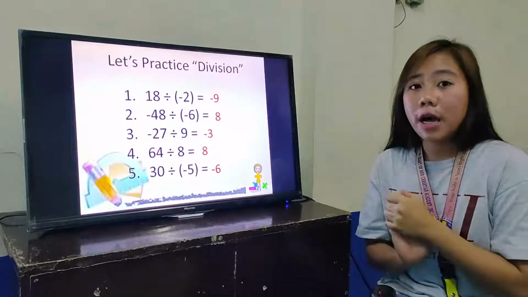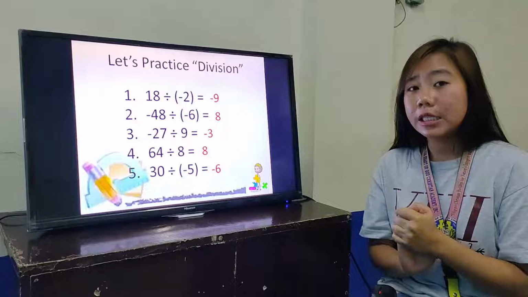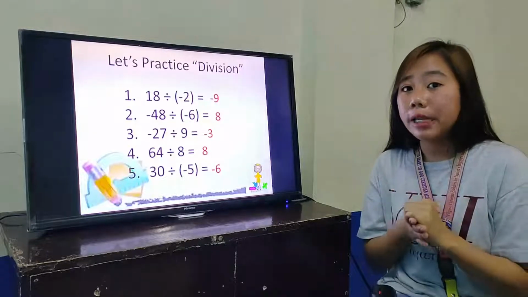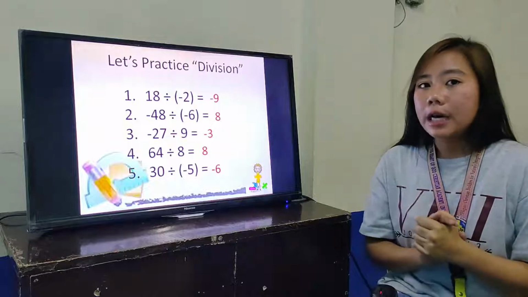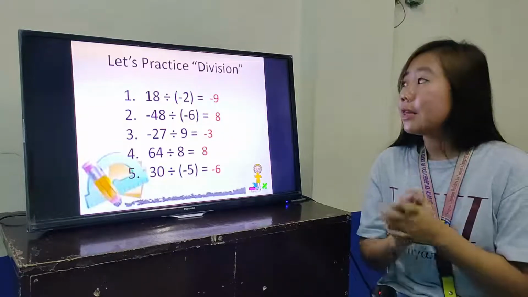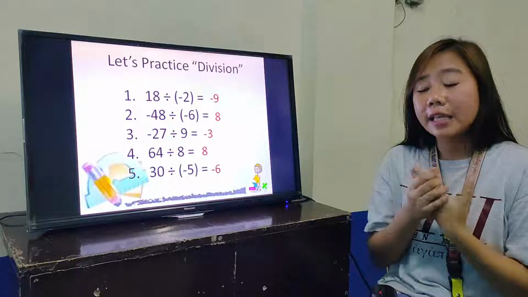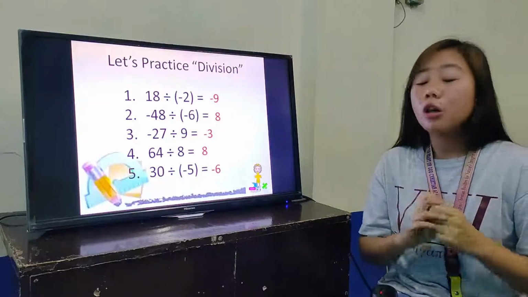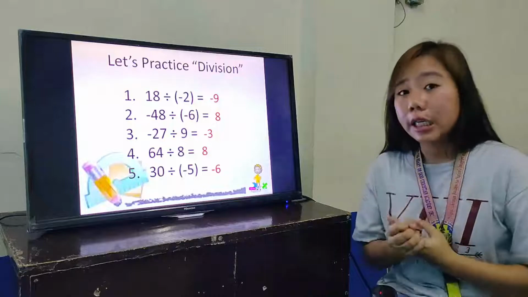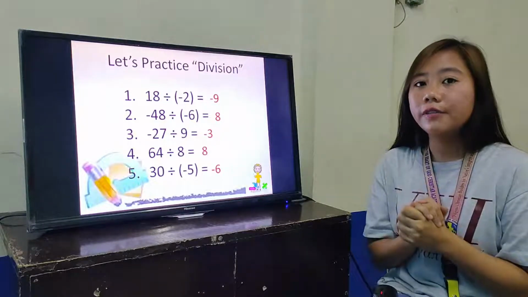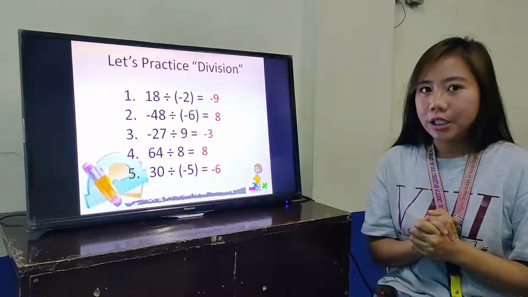And for the third one, we have the multiplying integers. Okay, we have 4 bullets or 4 steps in considering the product of integers. And lastly, in dividing integers, we also have 4 steps in considering the quotient of dividing integers.